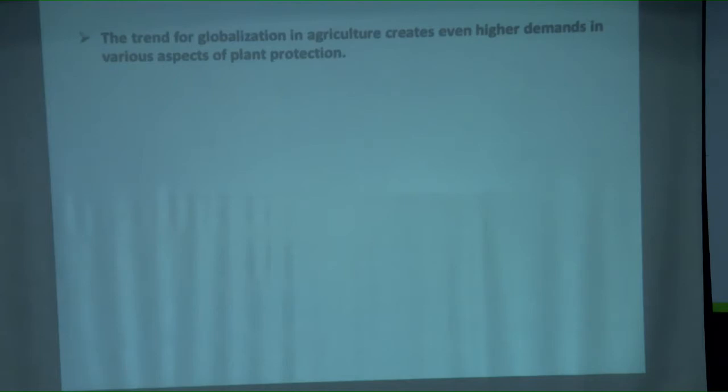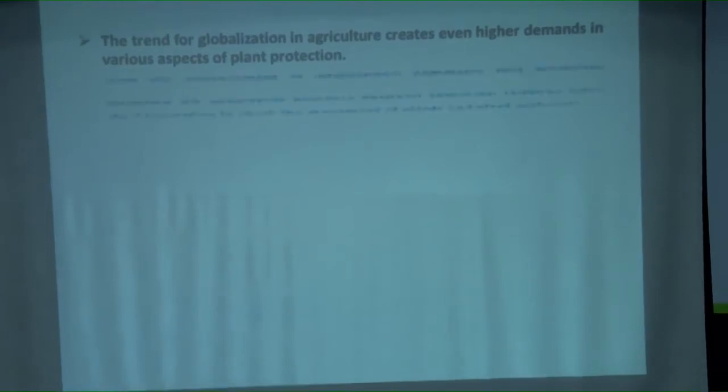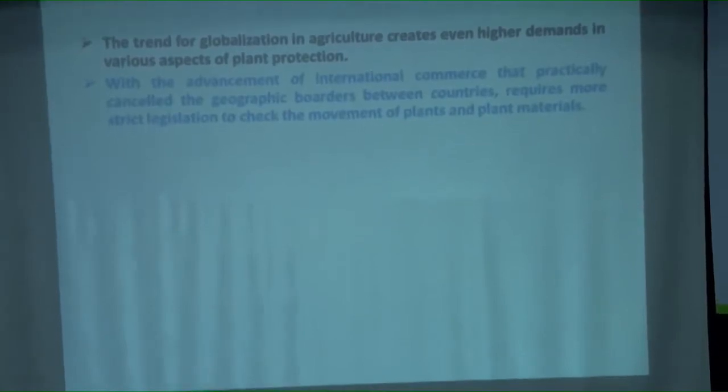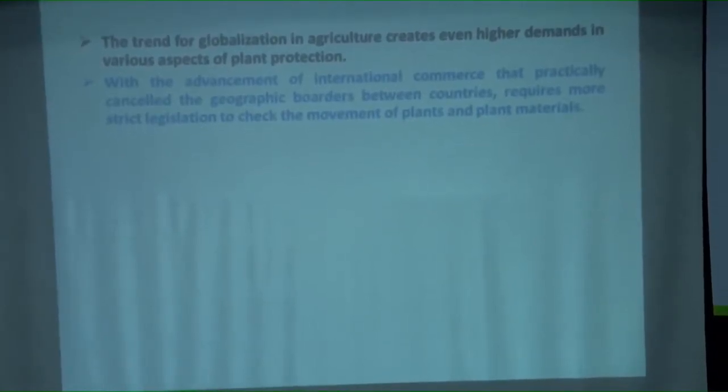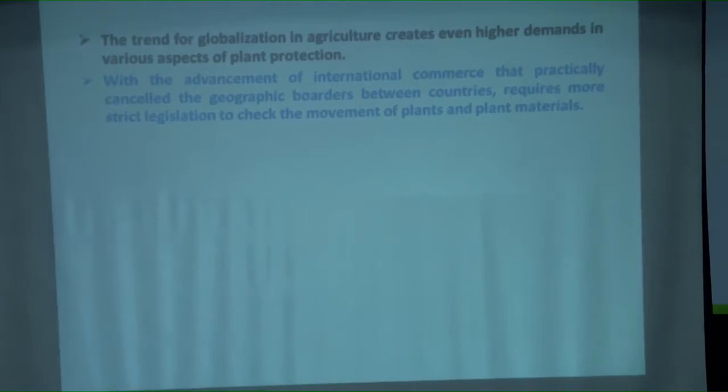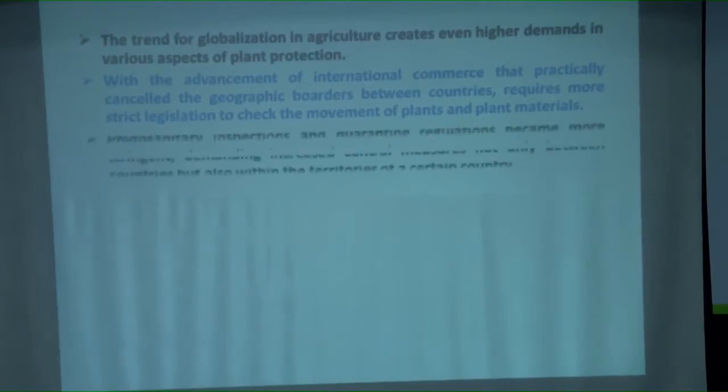Further, there is now some pressure because of globalization in agriculture. There are transboundary movements also, and we need strict legislation, and quarantine has a very important role.